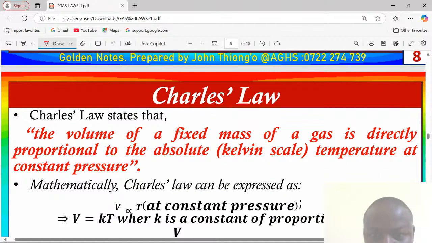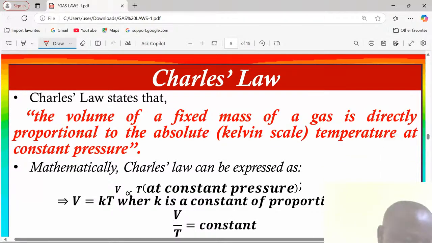Charles' law mathematically now: from the graphs, we can see that there is a direct proportion. So that's why we can say that the volume of a fixed mass of a gas is directly proportional to the absolute temperature, or simply temperature in the Kelvin scale, at a constant pressure.